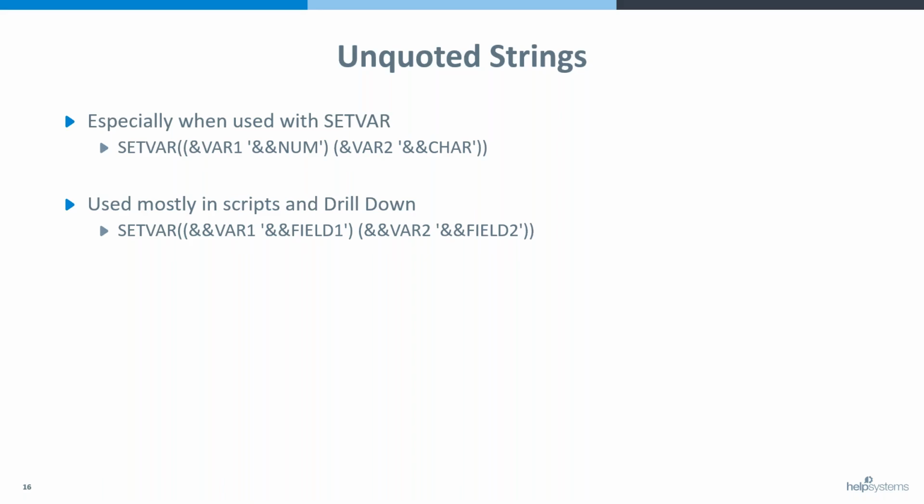Now set var means set the variable, and it's a parameter on any of our commands that produce output, like execute, display, print, report. Typically what you're saying is I'm going to set the variable that's defined in my view with a value. And if that's in a script, your value is actually your script variable.